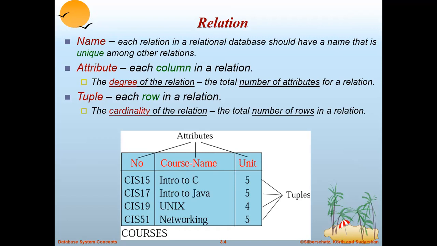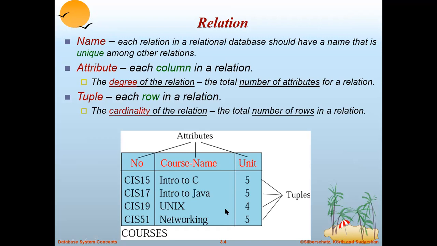Based on the number of attributes, we are going to calculate the degree of the relation. So the question is, what is the degree of a relation? The total number of attributes present in a relation represents the degree of that relation. Here, for example, a table is shown.